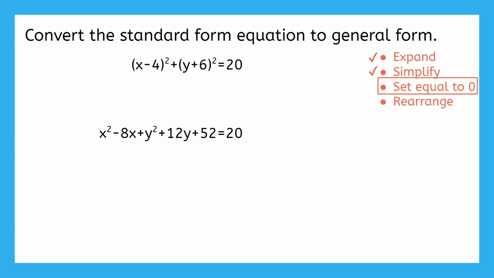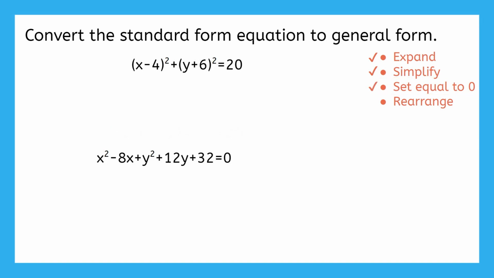How can we get this equation to be equal to 0? That's right, we can get rid of this 20 by subtracting it from both sides. We're almost done. Let's clear out some more space here. All that's left to do is rearrange our terms a bit so that they're in the right order. As a reminder, here is the general form circle equation.